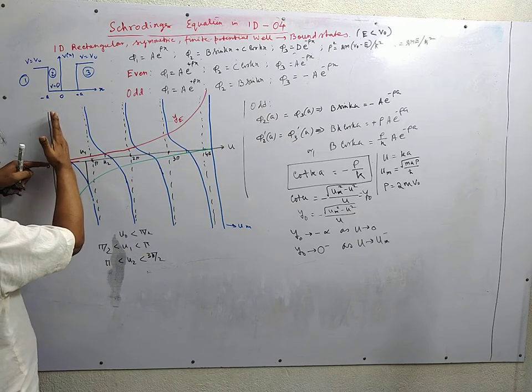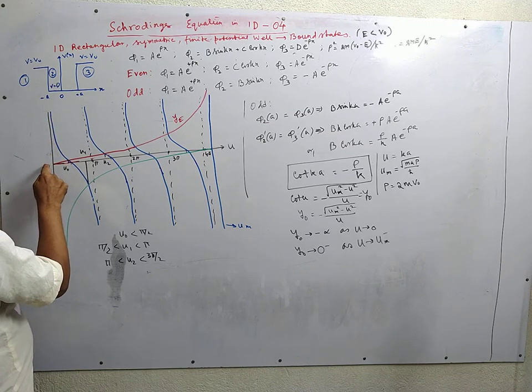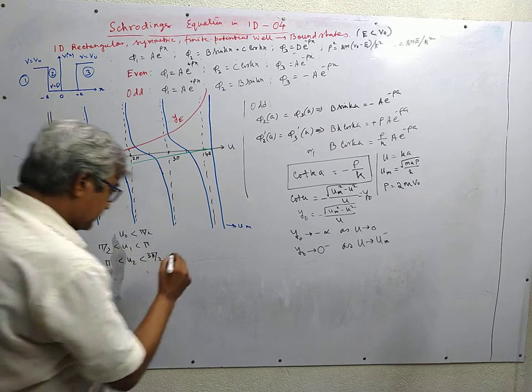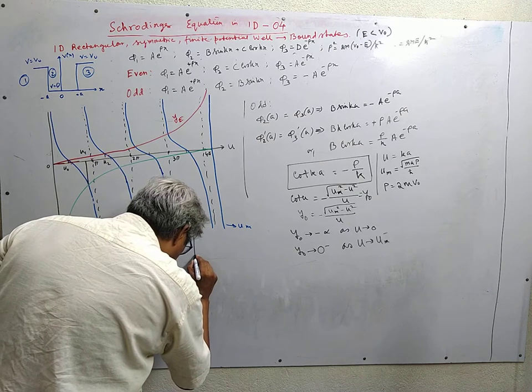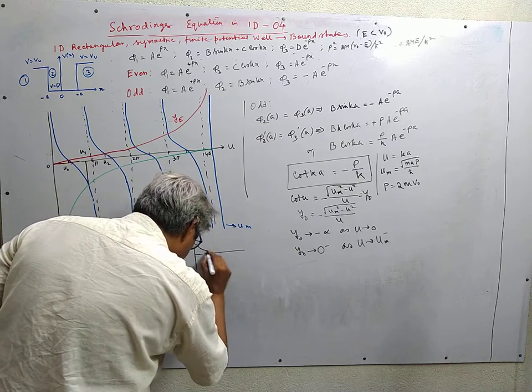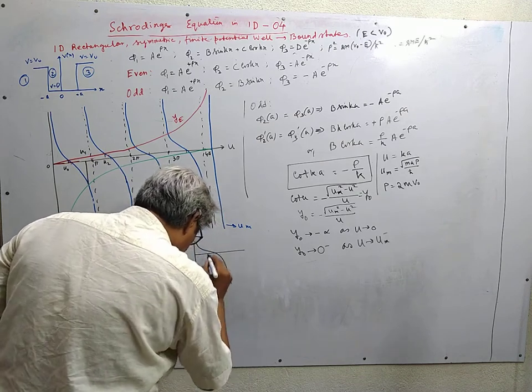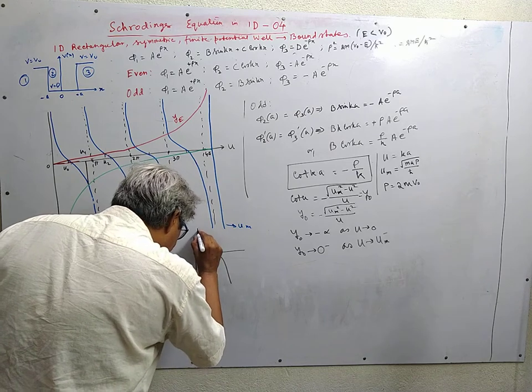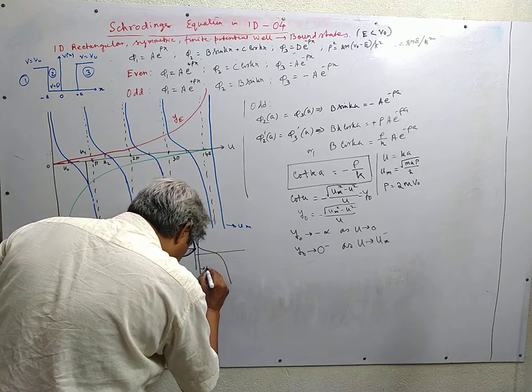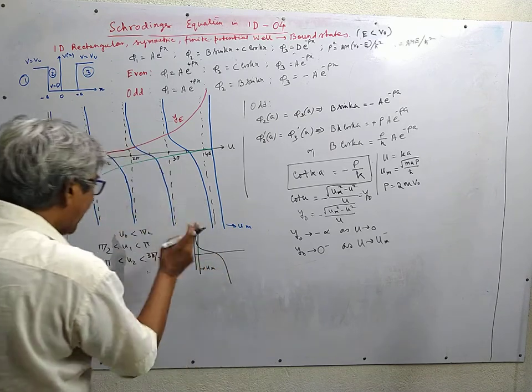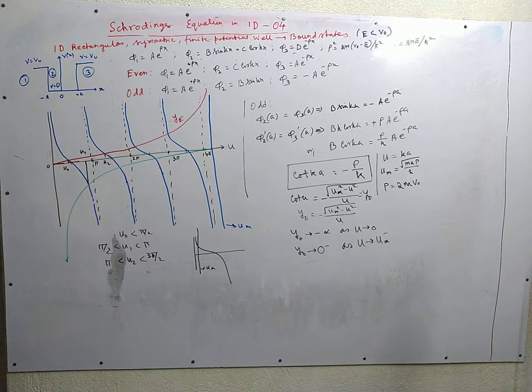But there will be at least one bound state that comes from the even parity states, and the lowest energy corresponds to an even parity state.